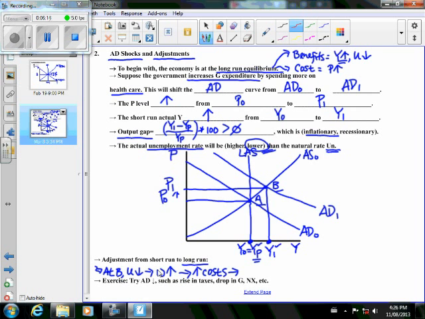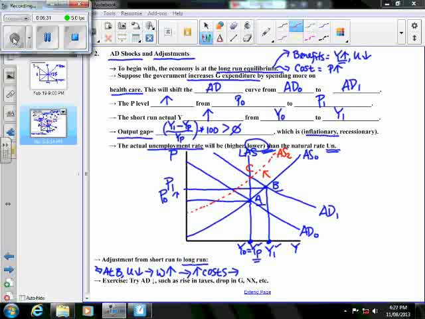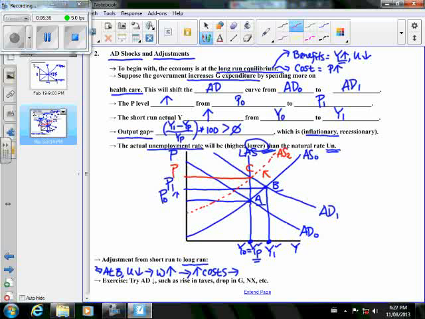AS0 will start to shift, and towards the end, it will go to, let's call this AS2, point C. We get a new price level. Let's call this P2. What do we see? The first increase in the general price level was because of the demand side becoming stronger.